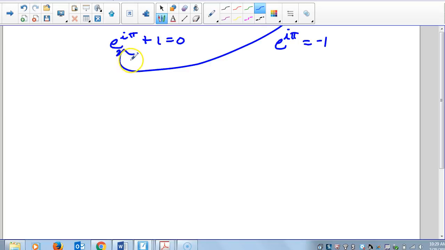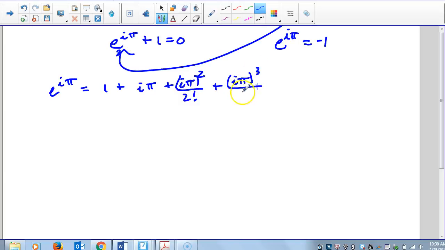So e to the i pi. I'm just taking the e to the x series and substituting i pi in there. So I'm going to get 1 plus i pi plus (i pi) squared over 2 factorial. Then I'm going to get (i pi) to the third over 3 factorial. I'm going to write out enough of these so that you can understand what I'm doing.